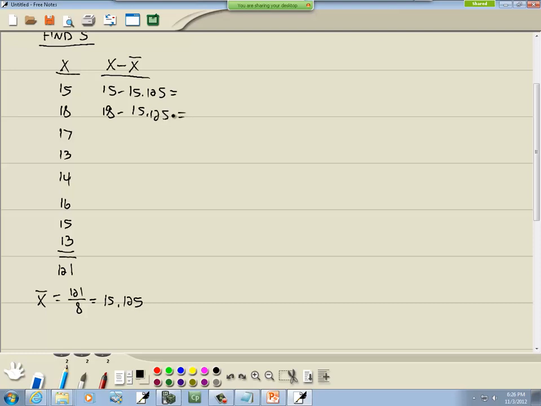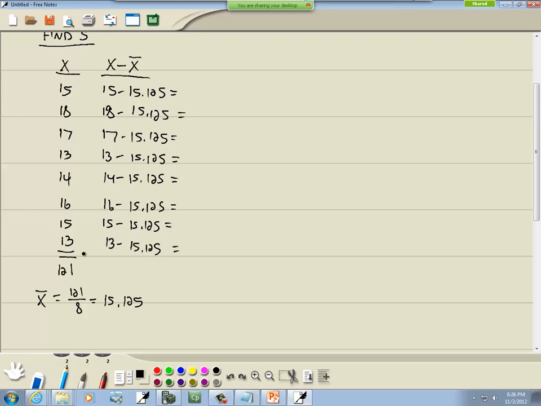So we got 18 minus 15.125, 17 minus 15.125, 13 minus 15.125, 14 minus 15.125, 16 minus 15.125, and then 15 minus 15.125, and then 13 minus 15.125.